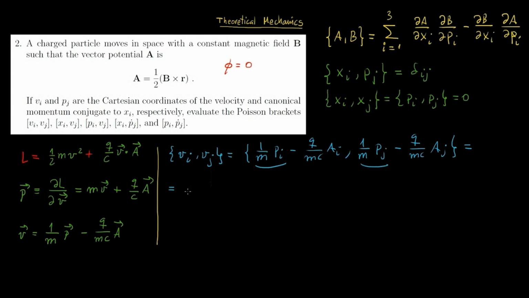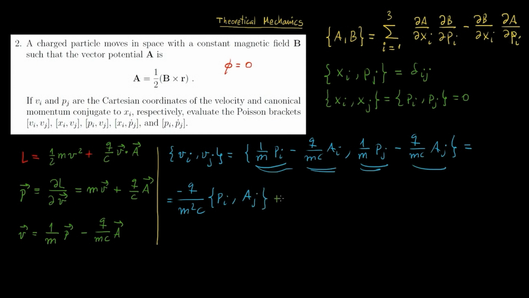And then we have 1 over m times minus q over m c, minus q over m c, so minus q over m squared c. Remember, we can factor out the constant terms in a Poisson bracket. The thing that remains is {p_i, A_j}.